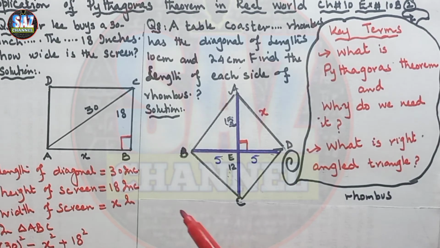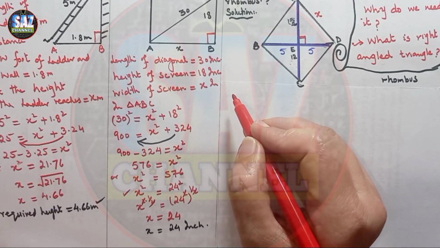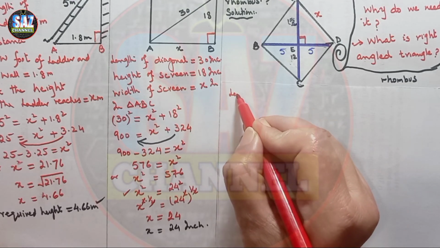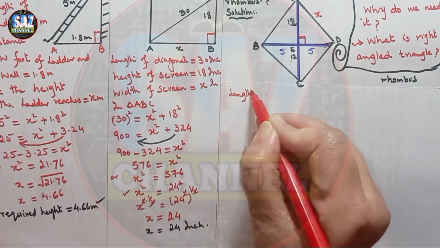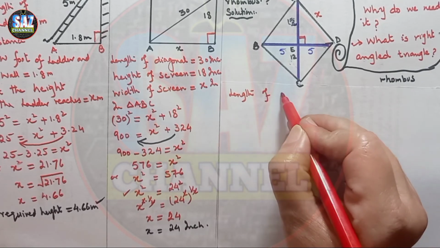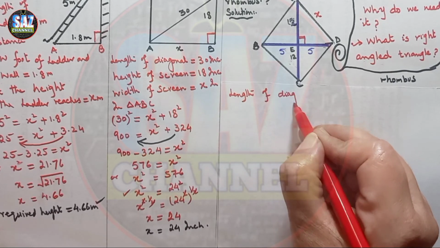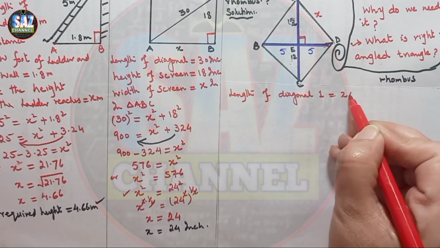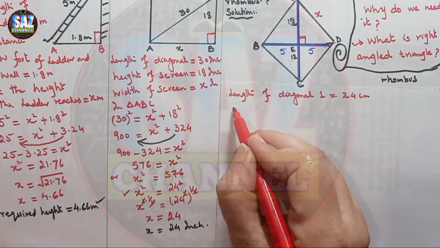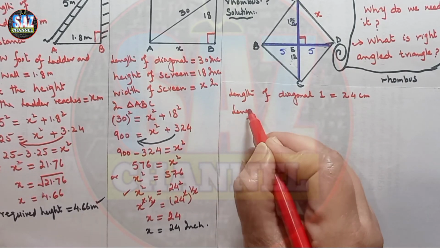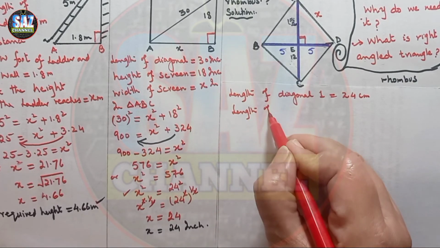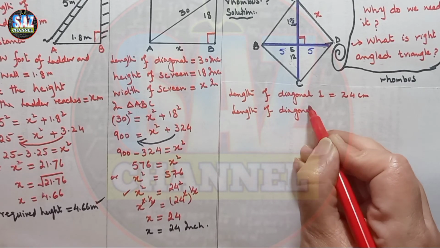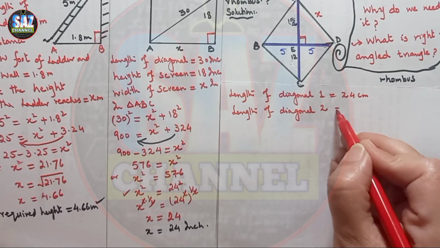Okay, let's move to the solution of the question. The length of diagonal 1, L1, is 24 centimeters, and the length of diagonal 2 is 10 centimeter.